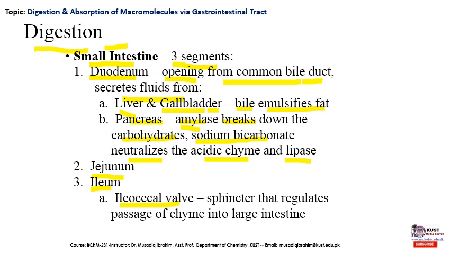And the function of the ileocecal valve is to prevent materials from flowing back from the large intestine to the small intestine, and it is composed of a special type of sphincter muscle.